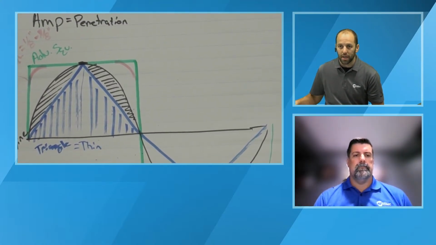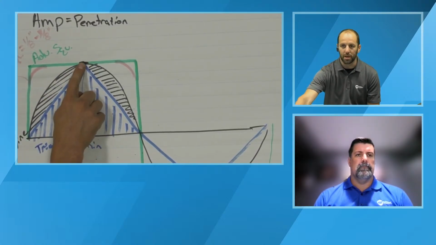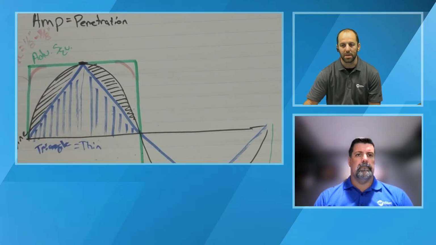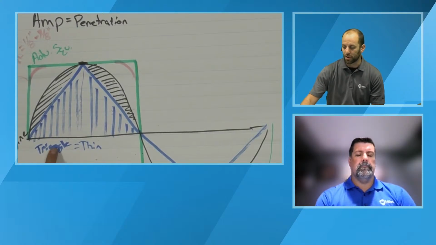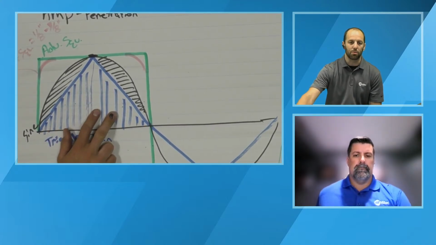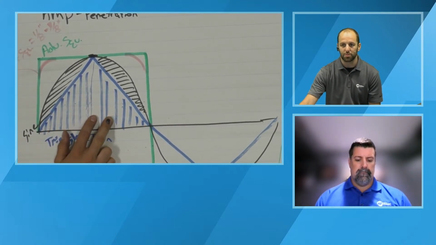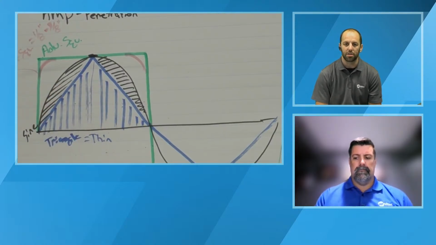And then the last topic that we covered last week was the different AC waveforms. Amperage drives penetration for us, so all of them get you roughly the same peak if you're doing thinner materials, but there's an impact as far as heat input into your part. For those that maybe didn't watch the video or the live stream last week, what we talked about is heat essentially equals the area underneath the curve.